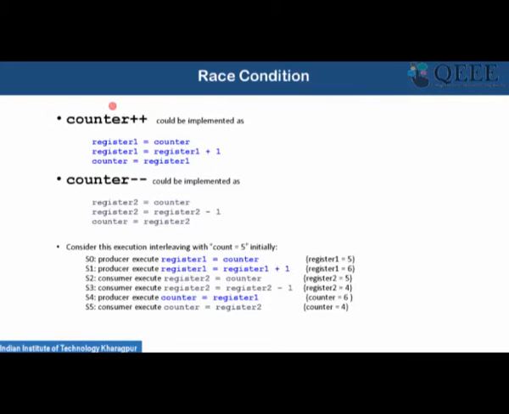The counter variable is again a shared variable between the producer and the consumer process. The producer increments the counter variable when it produces a new item, whereas the consumer decrements the counter variable when it gets data from the shared buffer.